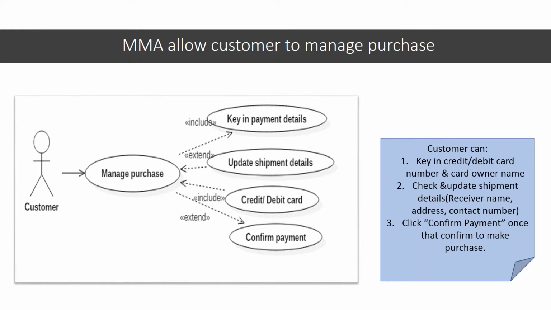The customers can key in the payment details, which are credit or debit card numbers and card owner names. They also can check or update the shipment details. For example, the receiver names, address, and contact number. After that, they can click the confirm payment buttons once they confirm to make the purchase.